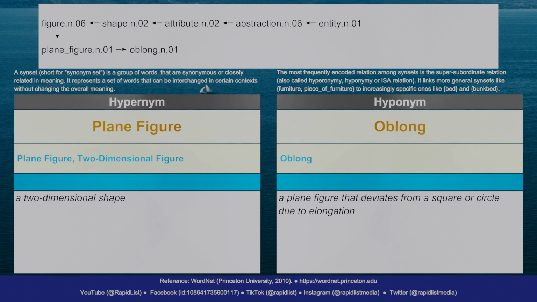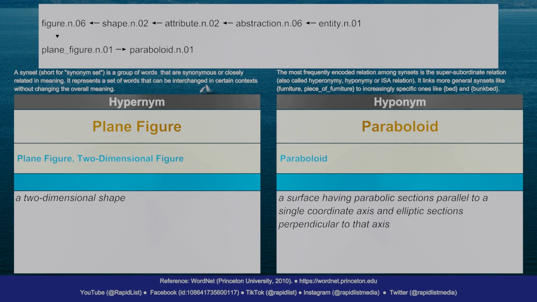Oblong. A plane figure that deviates from a square or circle due to elongation. Paraboloid. A surface having parabolic sections parallel to a single coordinate axis and elliptic sections perpendicular to that axis.